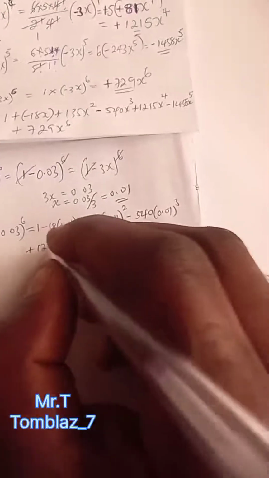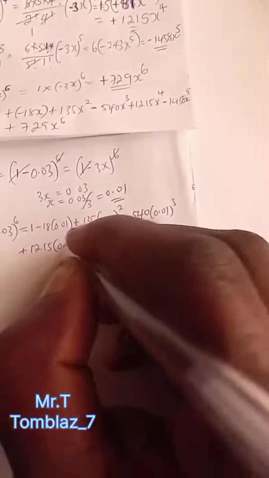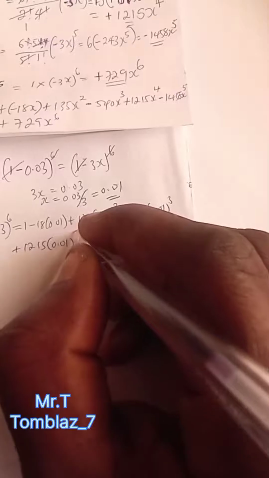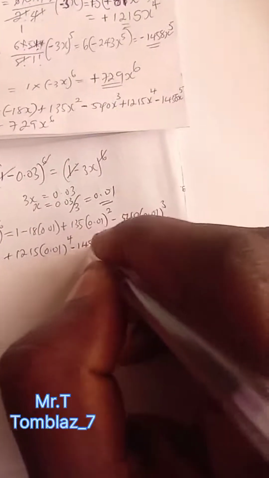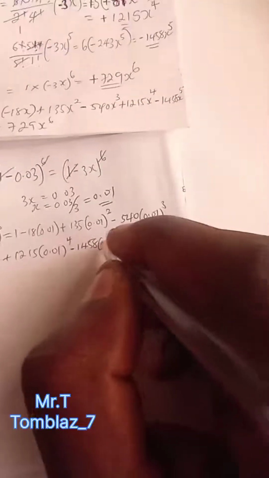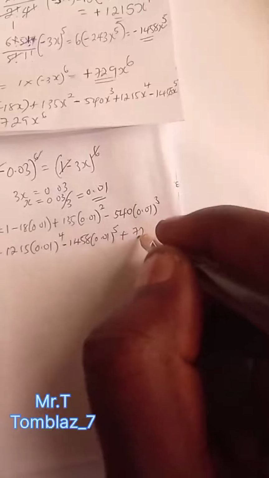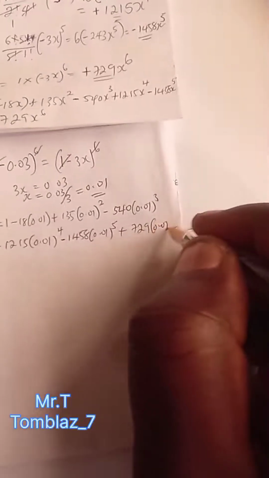Then the next one will be plus 1215 0.01 raised to the power of 4 minus 1458 0.01 raised to the power of 5 plus 729 0.01 raised to the power of 6.